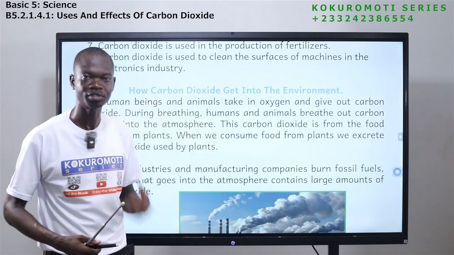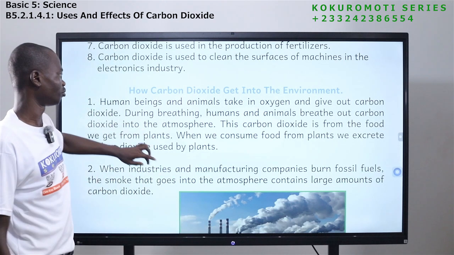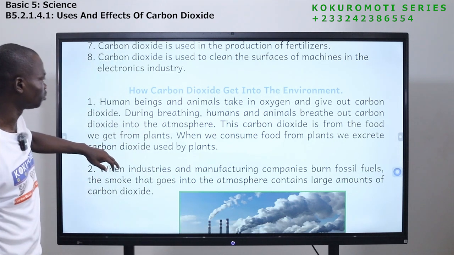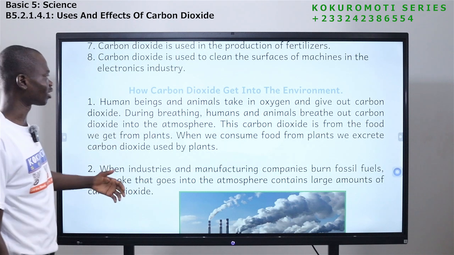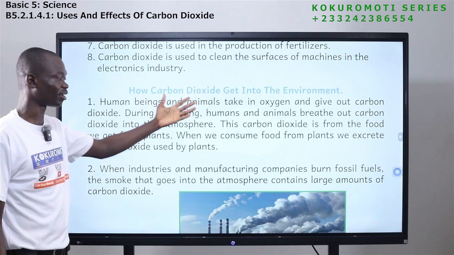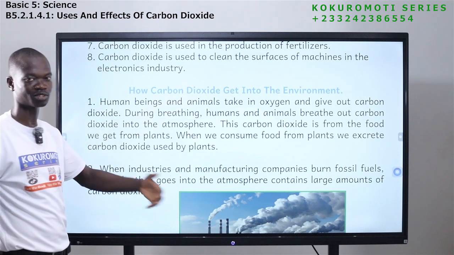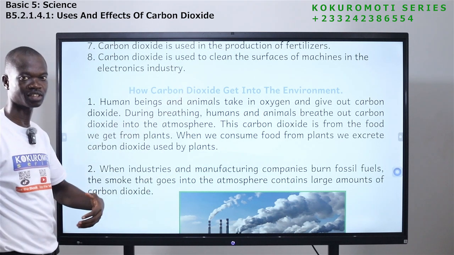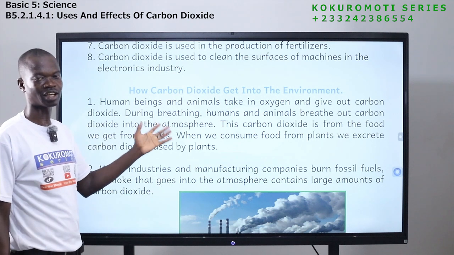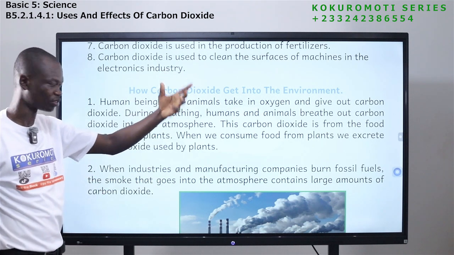The air that we breathe out is carbon dioxide. So the breathing in and breathing out ensure that carbon dioxide comes out of the body and goes into the atmosphere.